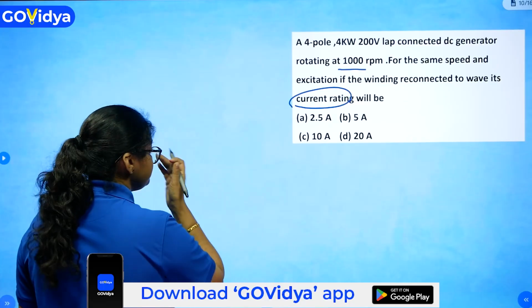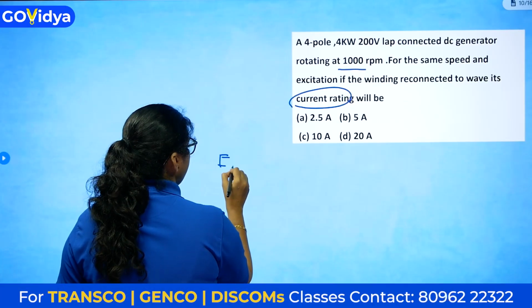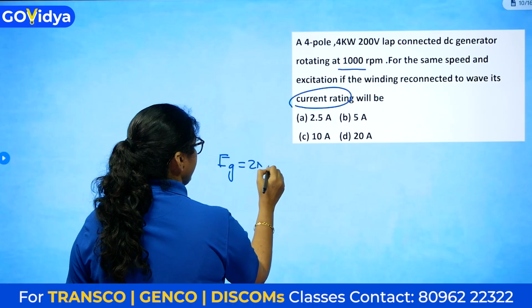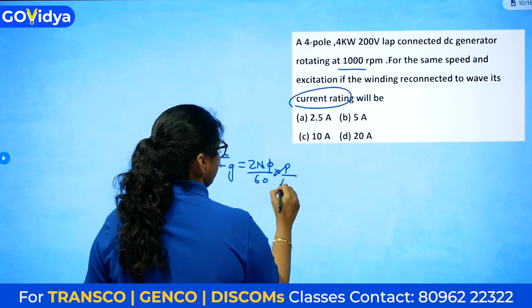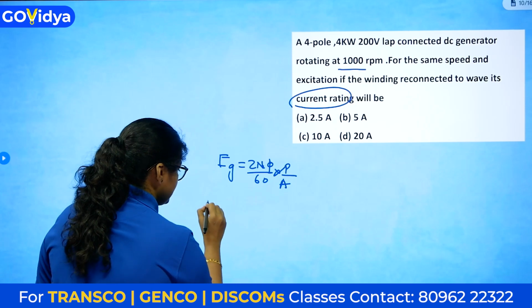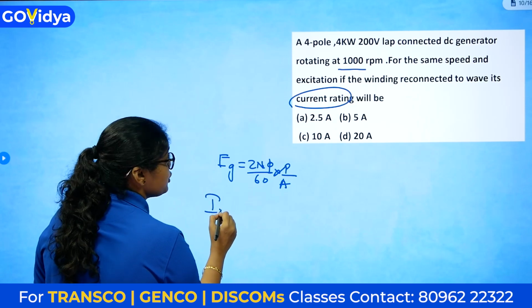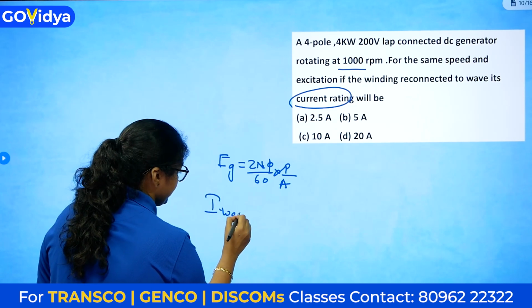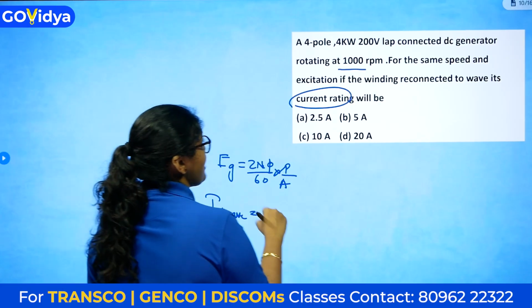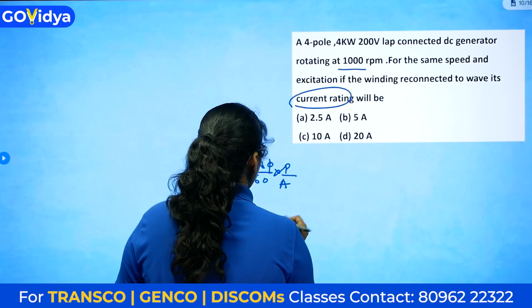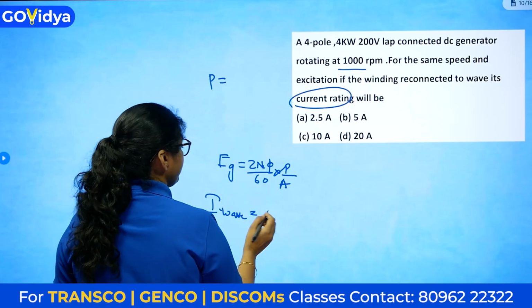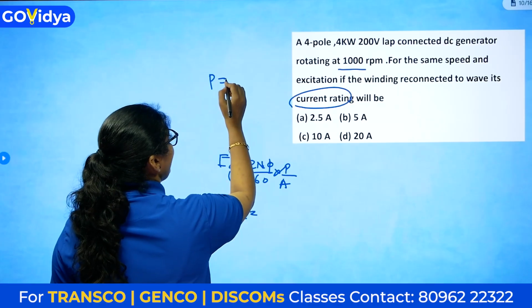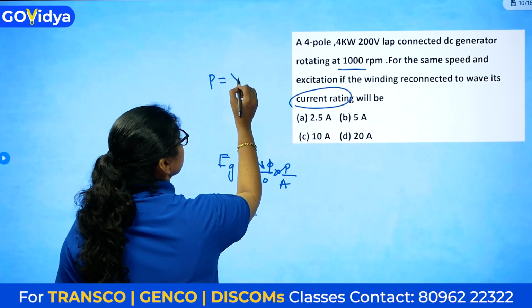So we know the formula, Eg is equal to Zn phi by 60 into P by A. Before finding the wave current, I have to know the lap current value.